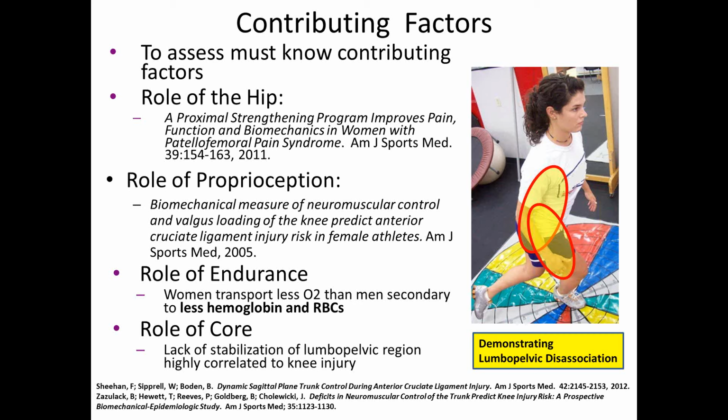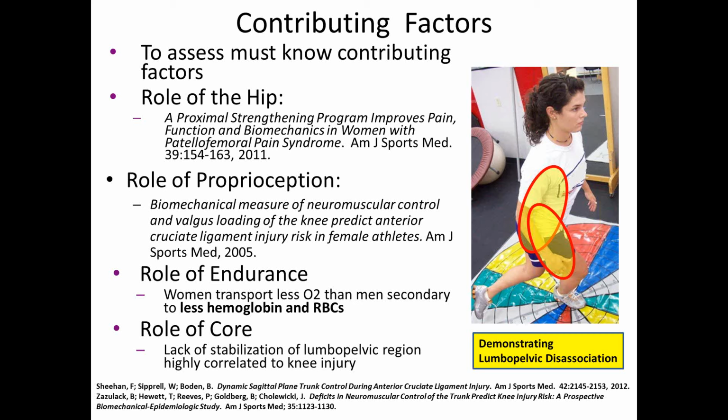And there's a lot of them, whether it's the role of the hip and hip strength, proprioception, core strength and endurance, or just general endurance. For example, women transport less oxygen than men because of less hemoglobin and red blood cells per deciliter of blood. All of these things fit into this very, very complex problem.